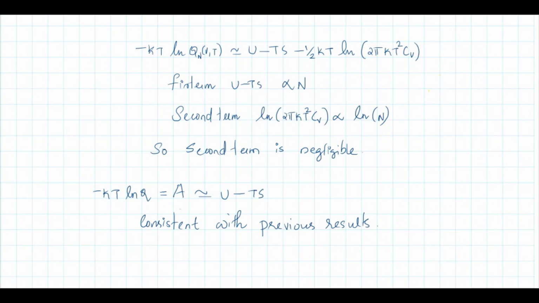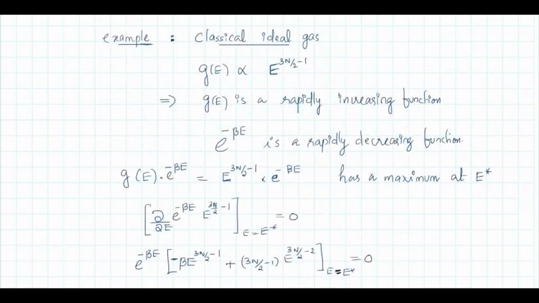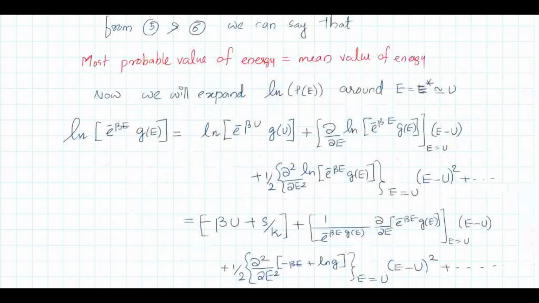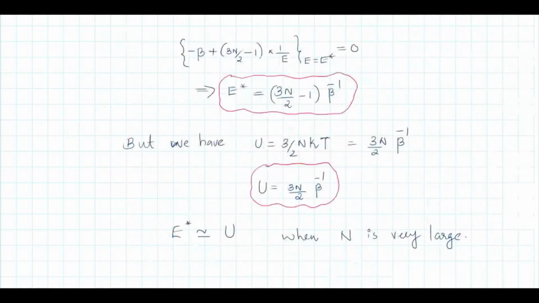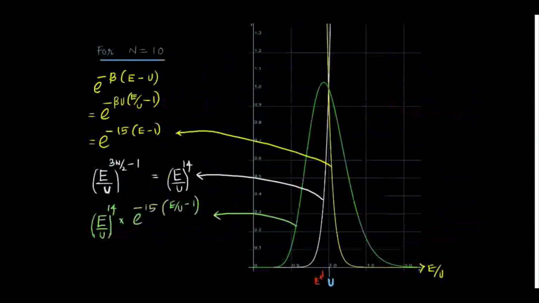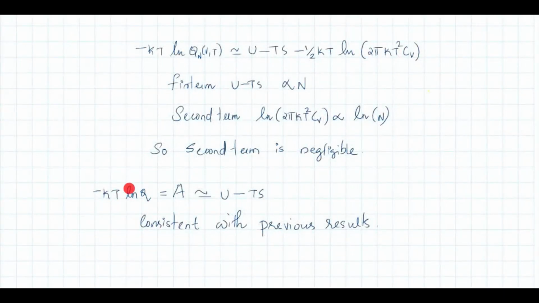Even though we consider S here, this entropy actually comes from our definition of the microcanonical ensemble. We introduced S from here. So this comes from the concept of the microcanonical ensemble, but this A comes from the partition function, which is a canonical ensemble concept.